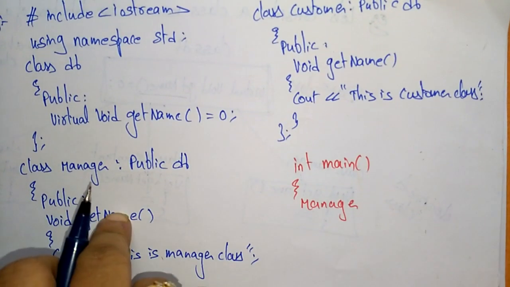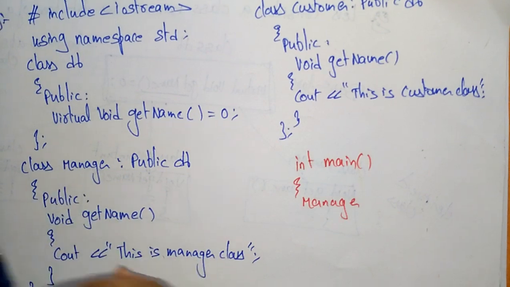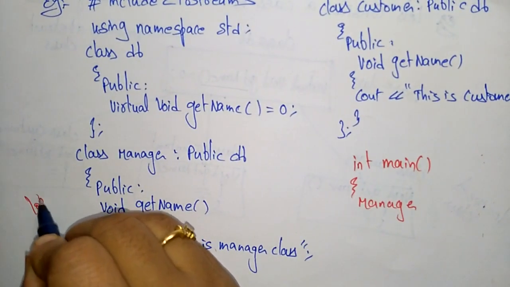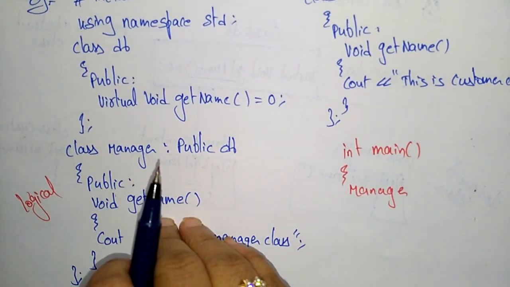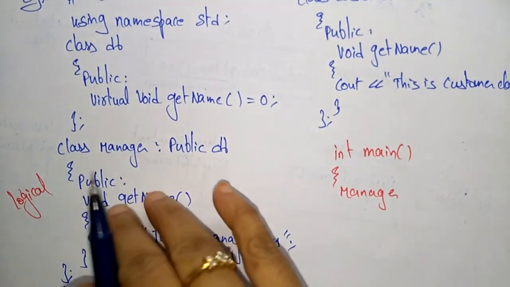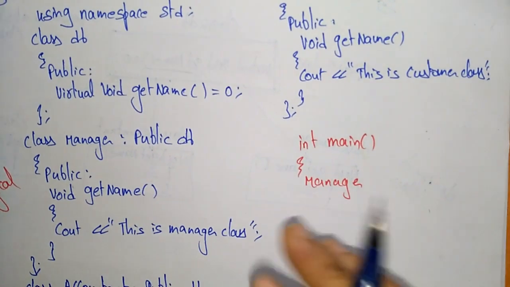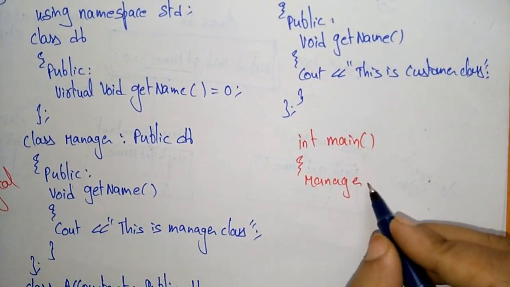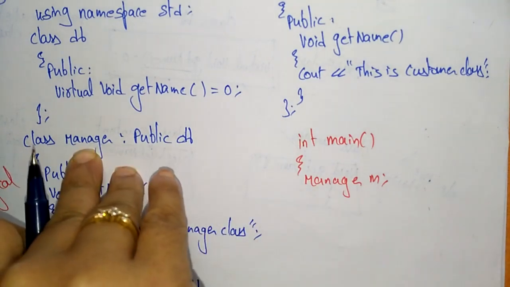The class doesn't occupy space in memory; it is a logical memory. Whenever you create the object, only then will the values be stored in memory. So first create the object of that particular class, manager M. Now some memory is allocated for this manager class.